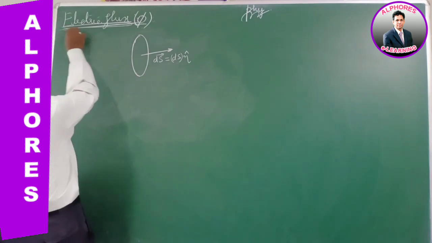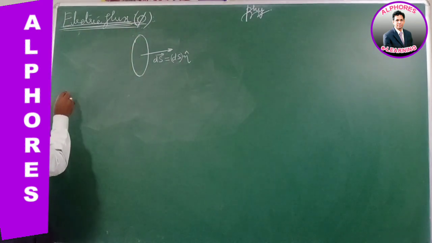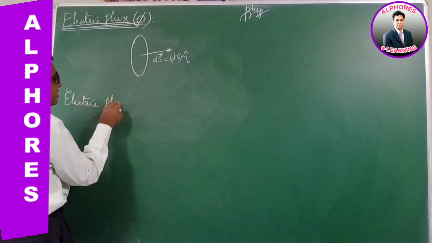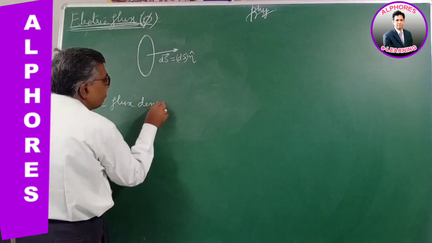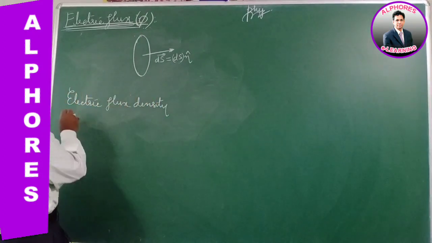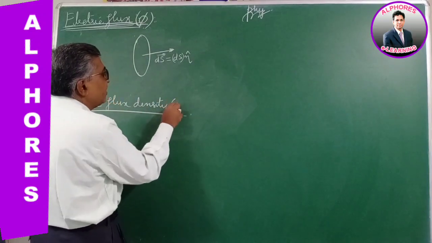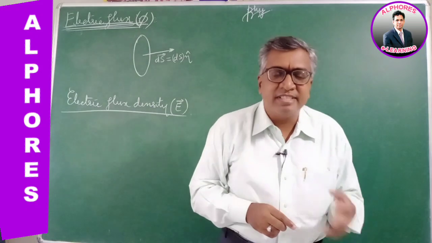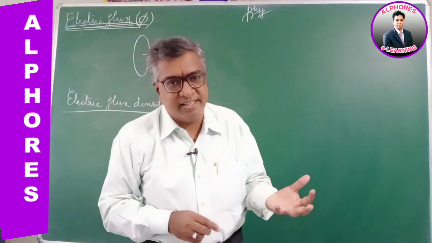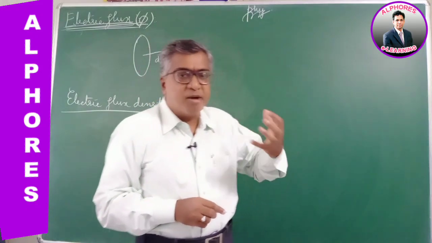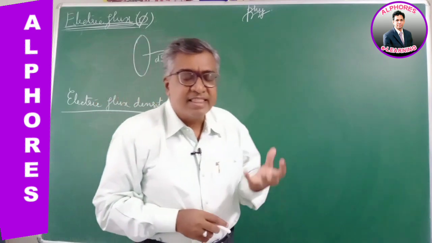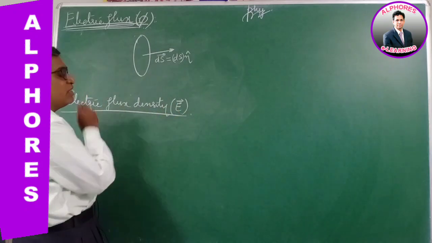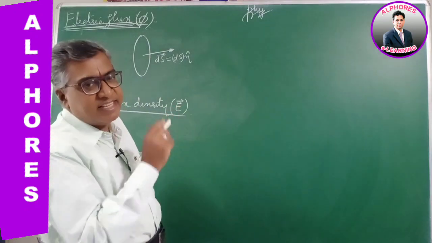Now after electric flux, there is another term defined as electric flux density. You know electric flux density is termed that way, but it is nothing but the electric field intensity, the strength of the field, the measure of the strength of the field, the characteristic property of the field. This measure is E. It is also termed as electric flux density.